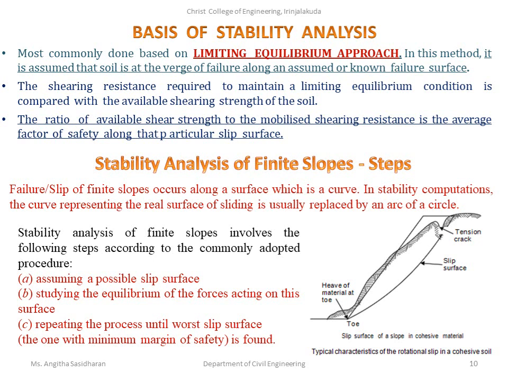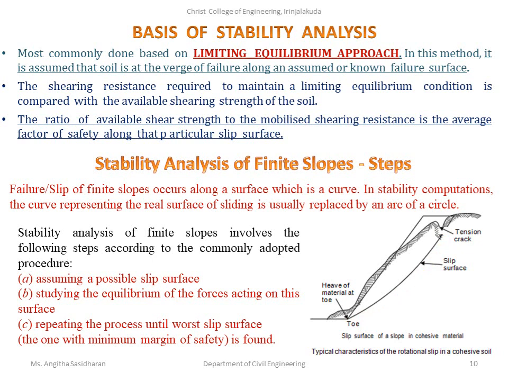So this is the basis of stability analysis. And what are the different steps? The failure or slip of finite slopes occurs along a surface which is a curve. You observe here, this is the existing slope, and the failure occurs along a curved surface passing through the top.